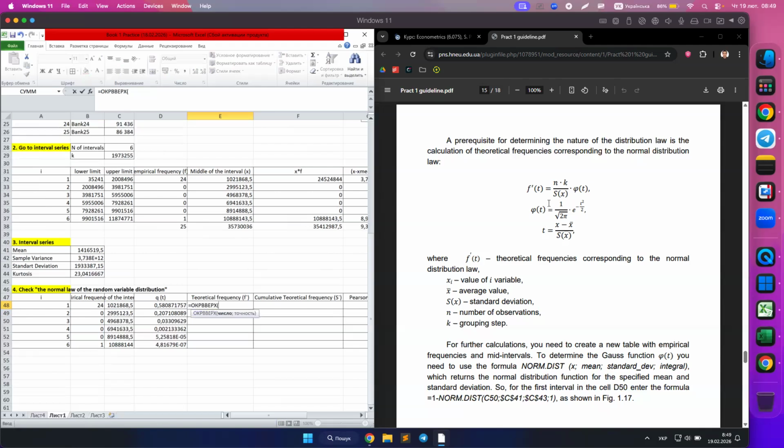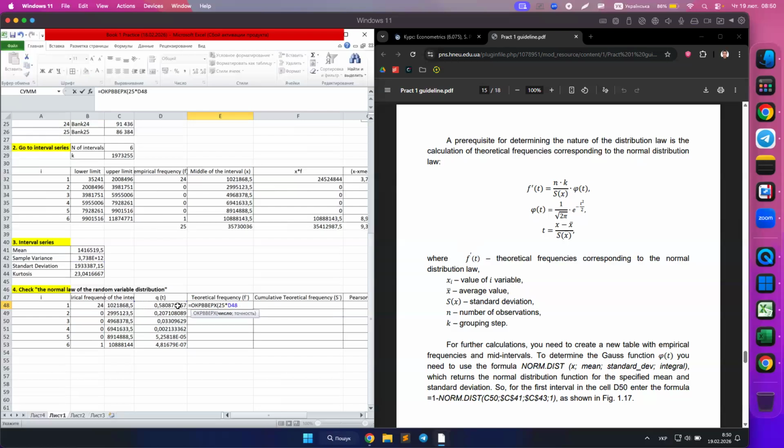So, for this, we have the number of our observations, it's n. We have 25 observations, and we can write this value here. After that, we select our phi from t. After that, we divide by our standard deviation. Oh, sorry.